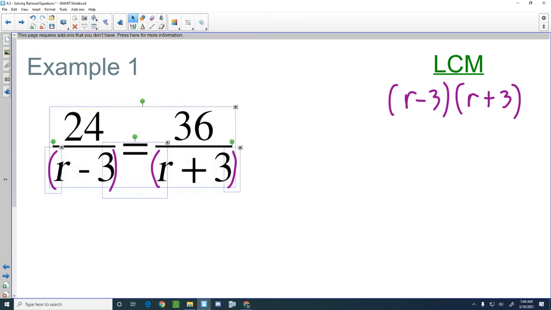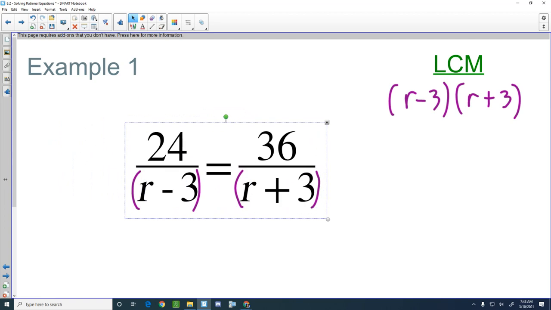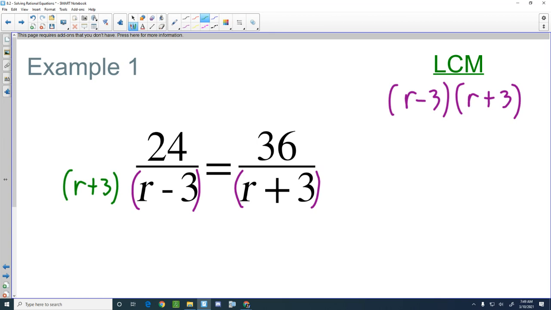All right, so looking at the left side, there is an r minus 3. So what factor do I still need to give this fraction on the left? What's it missing? An r plus 3, right? And so I'm going to simply multiply by an r plus 3.